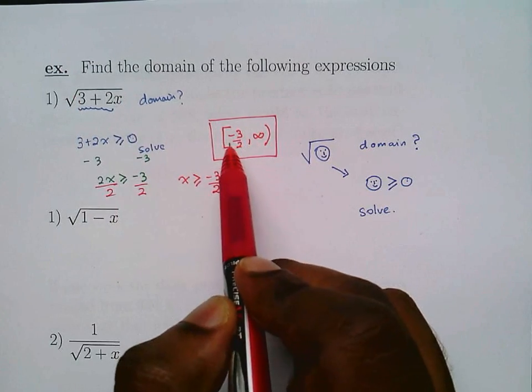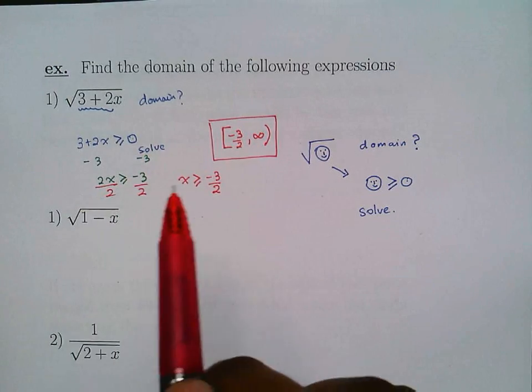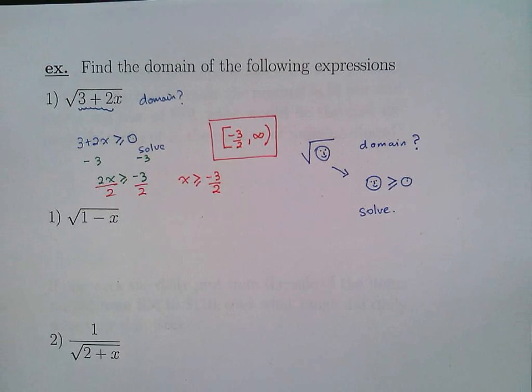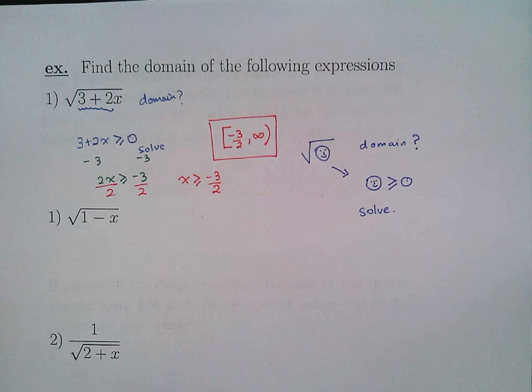Whereas if you put anything below that, you will just get a non-real number. Okay, so that's what the domain means. What does it accept? It doesn't accept anything below negative 3 over 2. For example, it doesn't accept negative 10, because if you plug in negative 10, you will get square root of negative 17, which is not a real number. Okay, I hope you got that idea of domains.